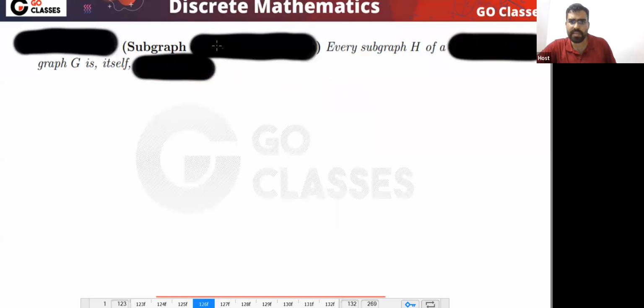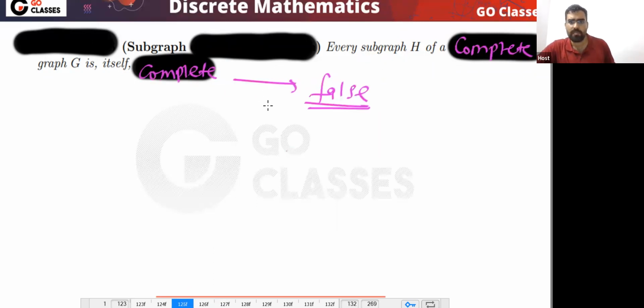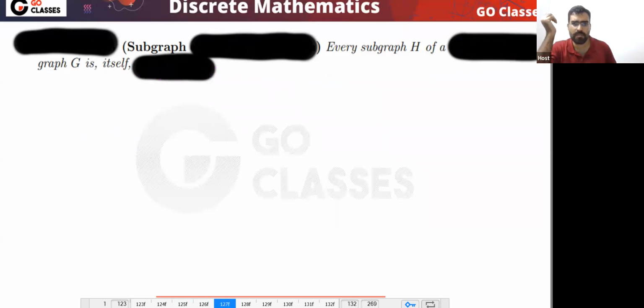Tell me, will every subgraph of a cycle graph be a cycle graph? Is this statement true? This statement is also false. But every subgraph of a bipartite graph will be bipartite. Now I can ask this same question for an edgeless graph. Every subgraph of an edgeless graph is edgeless.